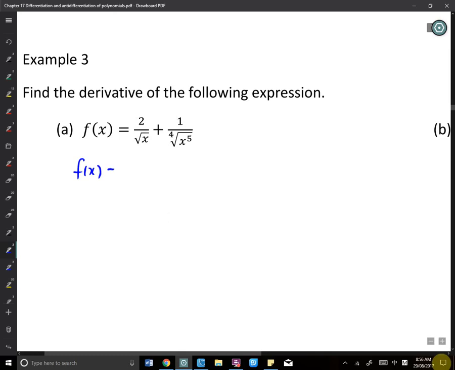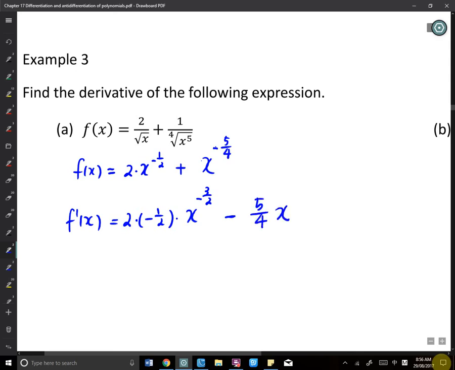I need to put things in power form. So that's 2 times x to the power of negative a half plus x to the power of negative 5 over 4. So f dash x equals 2 times negative half times x to the power of negative 1 minus 1, that's negative 3 on 2, minus 5 over 4 x to the power of negative 9 over 4.